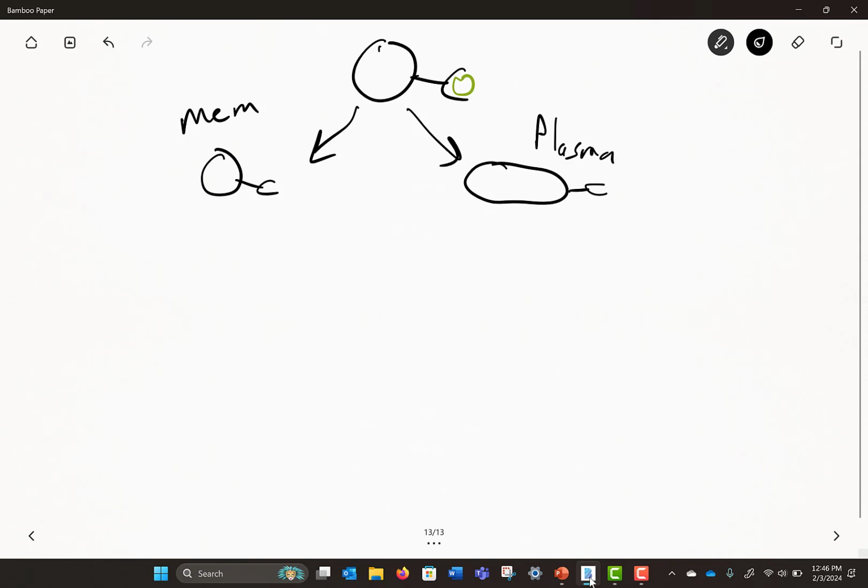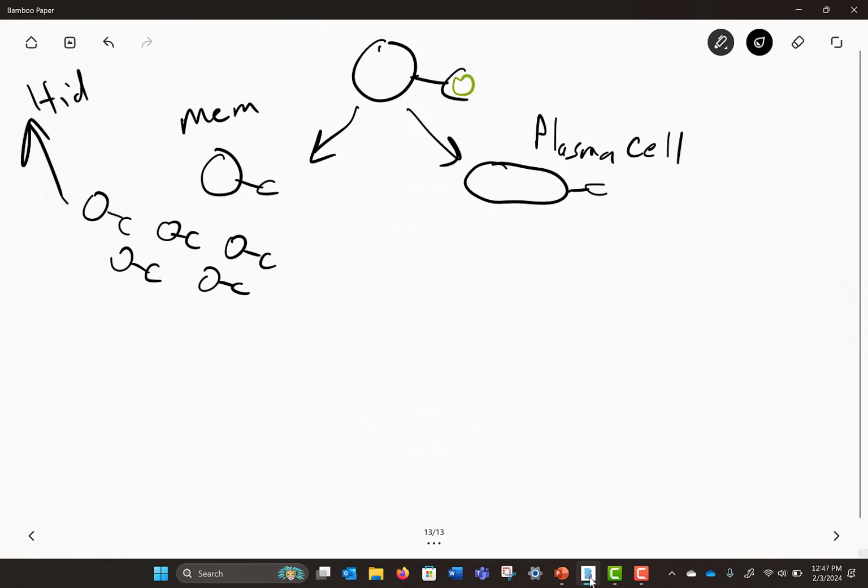Memory cells divide and divide and divide, producing lots and lots of memory cells. And they go and hide. They hide in your lymph system.